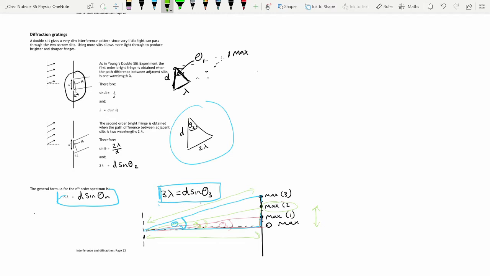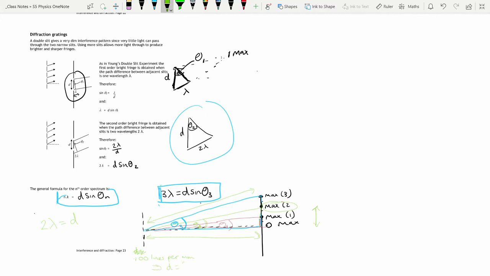For the second maximum, you say 2 times the wavelength equals d, which is the distance between the slits, which you are normally told in a diffraction grating. Your diffraction grating will either tell you the distance between the slits, or how many slits there are per millimeter. So it might say 100 lines per millimeter, and I'll tell you how to work out the distance between the slits from that.